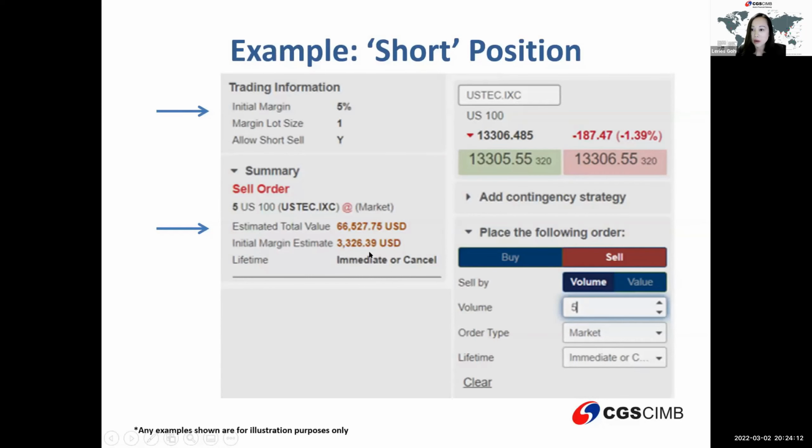So as long as I have this amount, 3,003, I can short sell this NASDAQ index to mitigate my risk in the market. And when the market really comes down, the NASDAQ index has been coming down a lot year to date, as long as I make money from CFD, it can help to offset my losses in my cash portfolio.